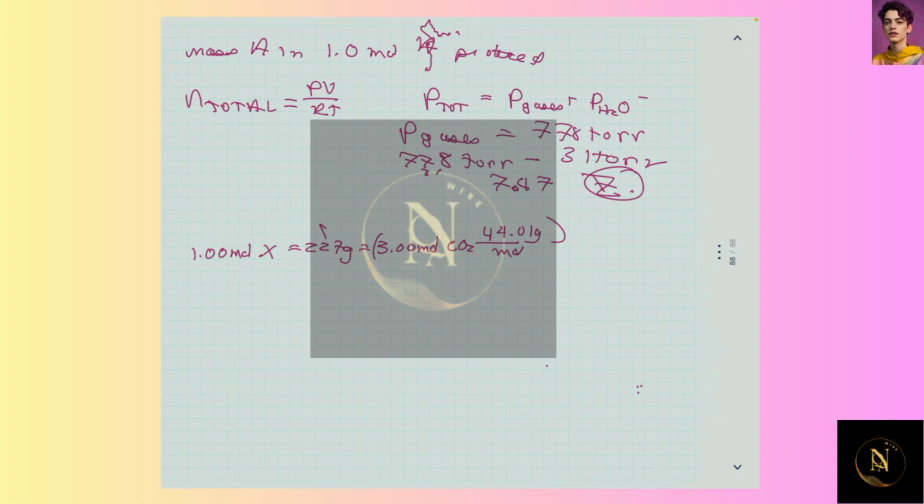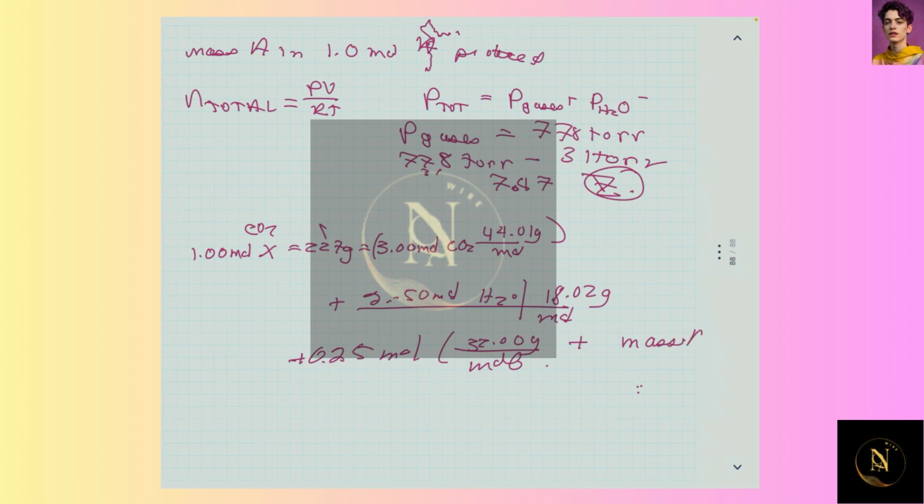I'm going to add to that 2.50 moles of H2O, times 18.02 grams per mole, plus 0.25 moles times 32.00 grams per mole, plus the mass of A.